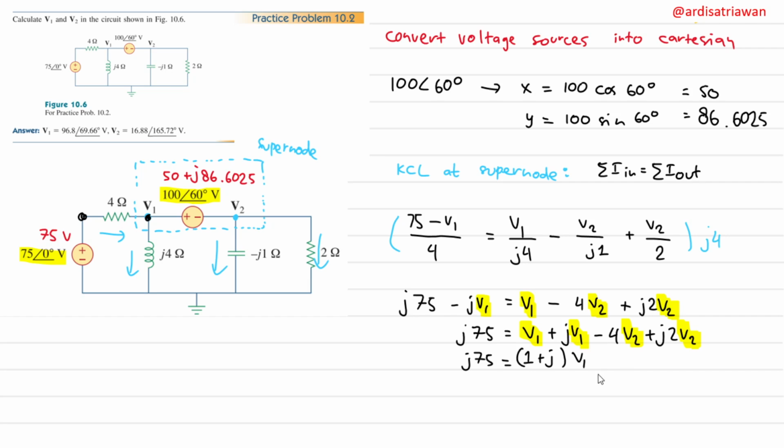And the second one we will have minus, or maybe I just want to write it as plus. So I will have minus 4, then plus j. Okay. And this will be multiplied by.